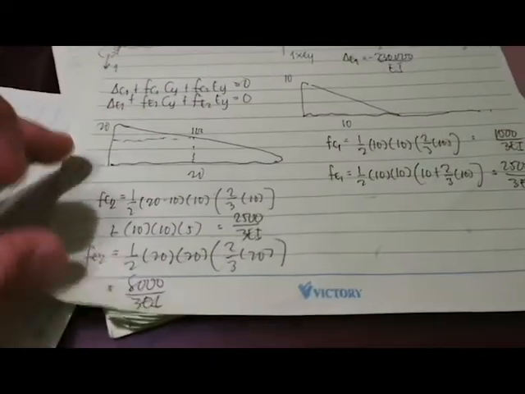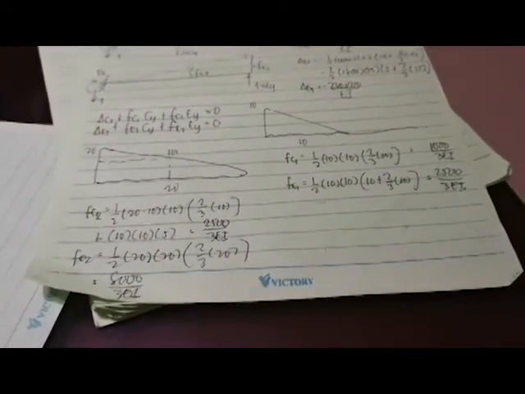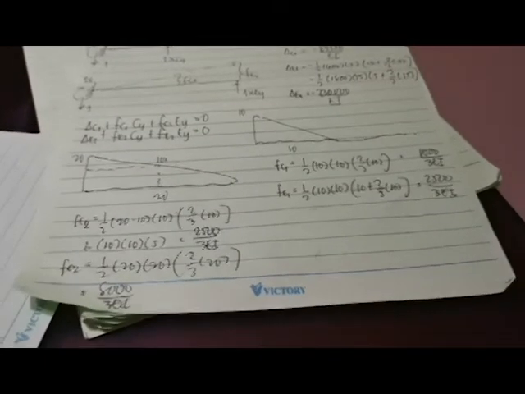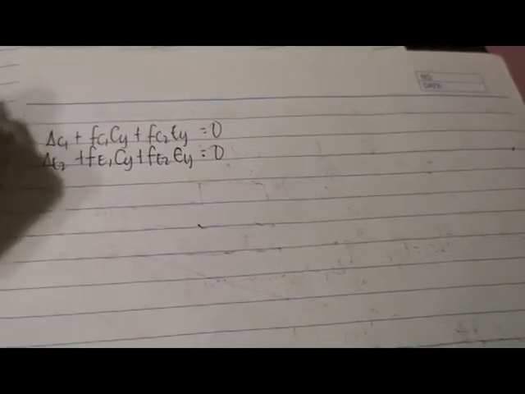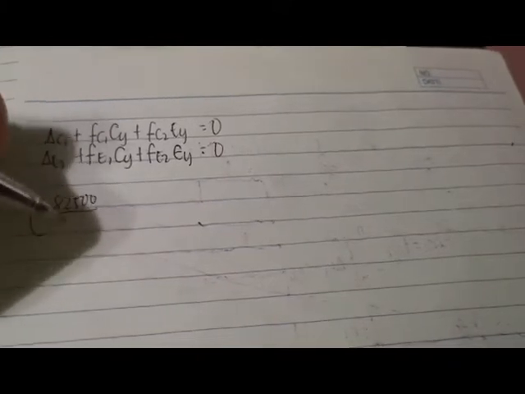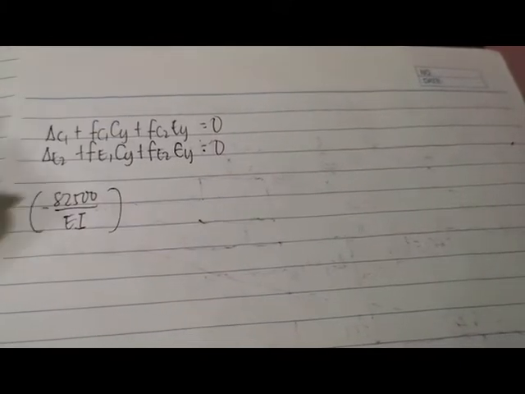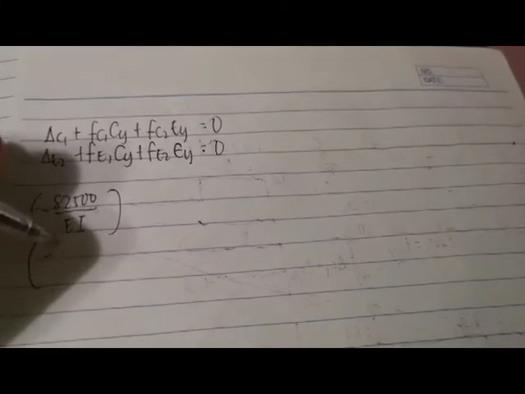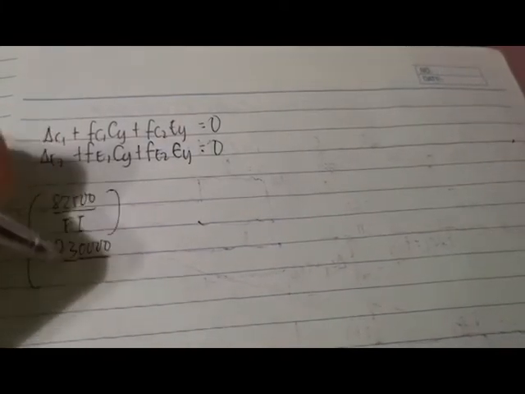So we're going to combine the equations all together. So here are our working equations. Now we're going to input now all the values that we're able to solve a while ago. No, so delta C1 is equal to negative 82,500 over EI. No, delta E2 naman is equal to negative 230,000 over EI.